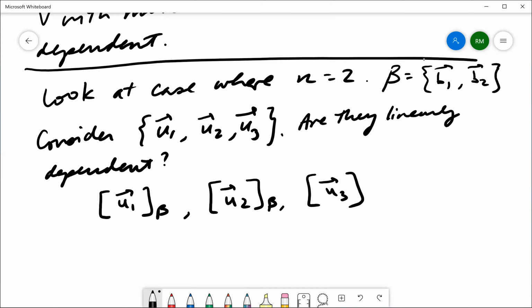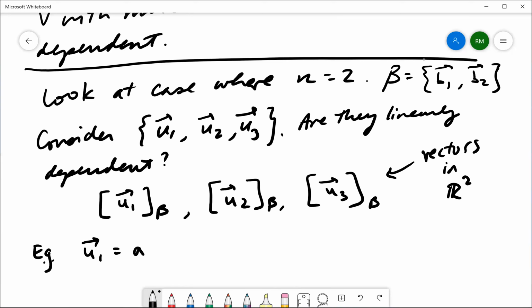So each of these are vectors in R2 actually. I'm going to describe it a little bit more as we get familiar with this notation. But let's look at an example here. We know that U1 can be written as some combination of B1 and B2.